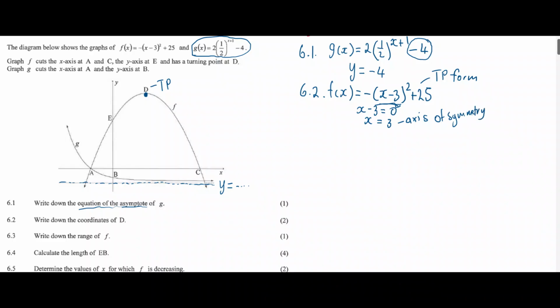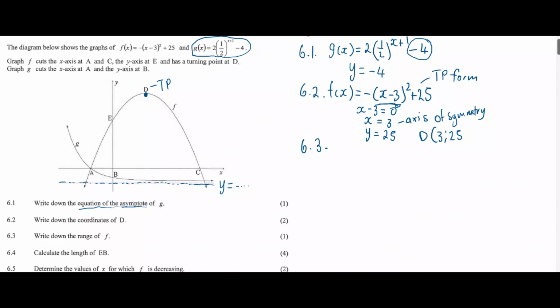If a question is asking for the axis of symmetry next time, you must be able to say the x value is just the inverse operation of what's inside. By that time you'll understand and be much more comfortable and confident. The y value for this is 25. But the coordinates of d, because we have to answer the question, are 3 and 25.